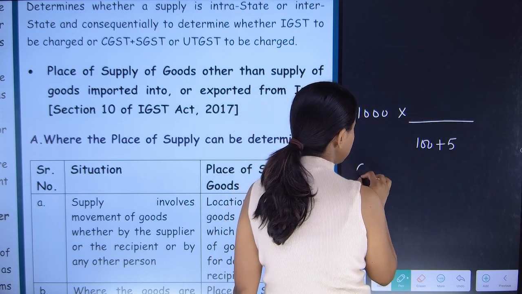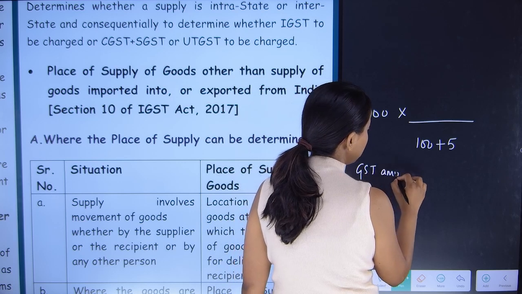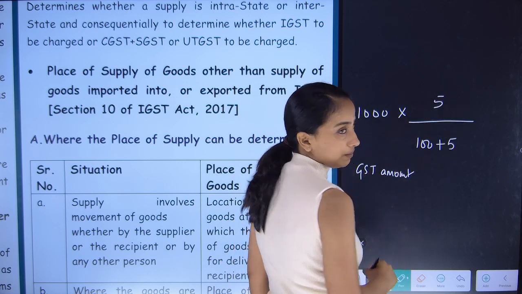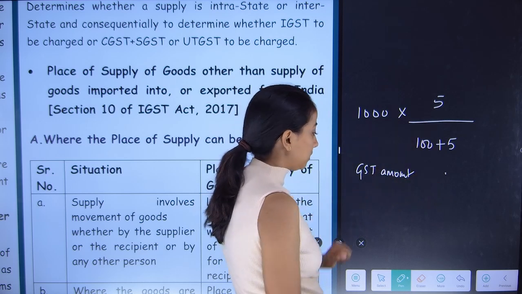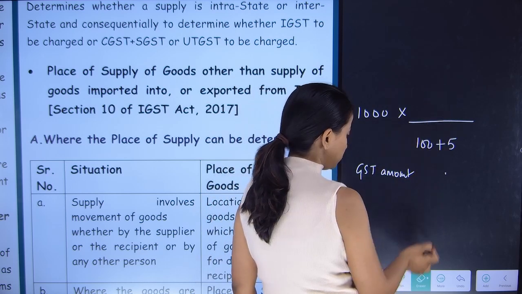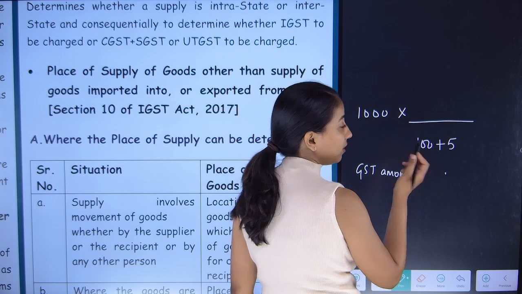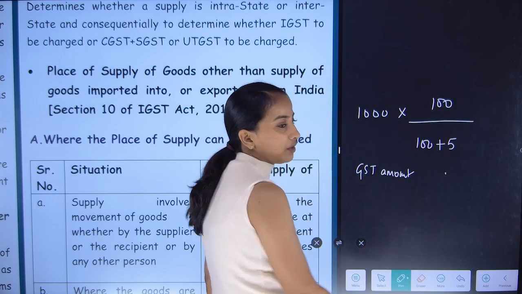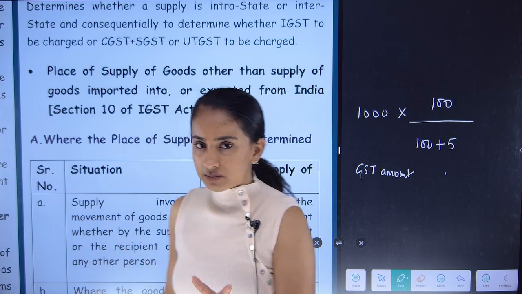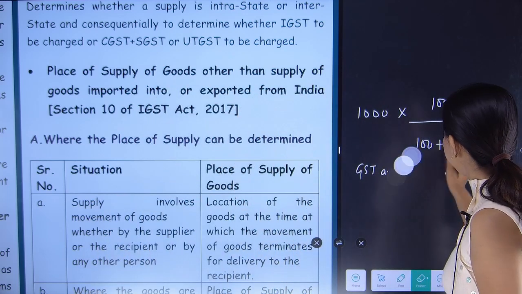Are they asking you what is the GST amount? If they are asking you what is the GST amount, you do 5 here, correct? Because 5% is the rate of tax. 5 divided by 105 into 1000. But let's say they are asking you what is the taxable value. Taxable value will always be 100, right? So here 100. This will be the calculation that you will need to do for the MCQs if such a question comes.